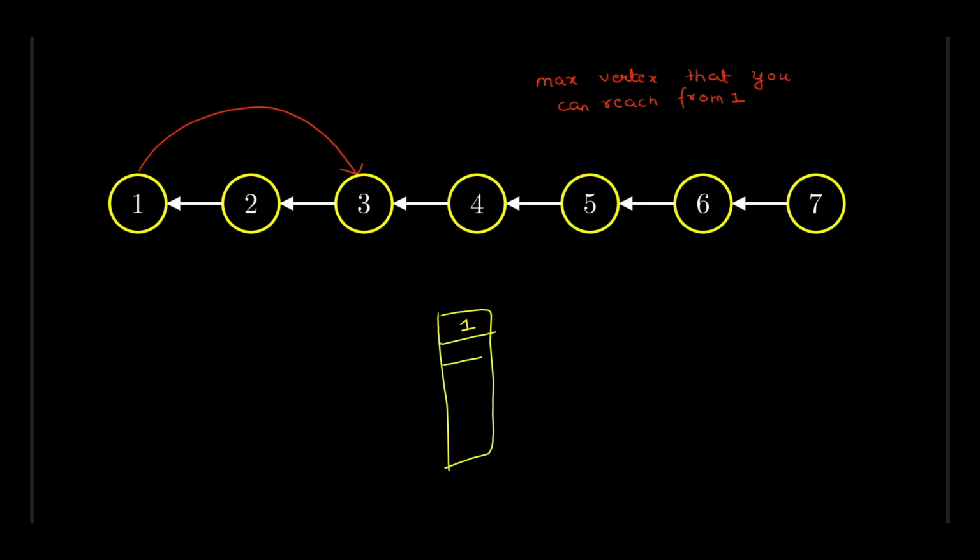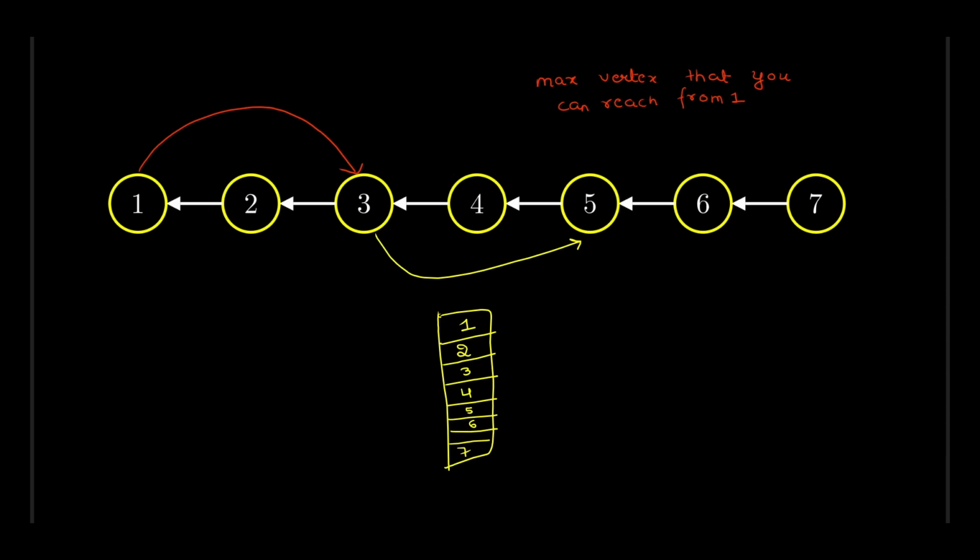All the graphs in which you can only reach from 1 to 1, you put them into this box. All the graphs in which you can only reach up till 2, you put them into this box, and so on. And then you keep a count of how many elements you have put into each box. Okay. And then when you add a new edge, let's say from 3 to 5, you can decide whether this edge is extending the maximum possible vertex that you are already capable of reaching.